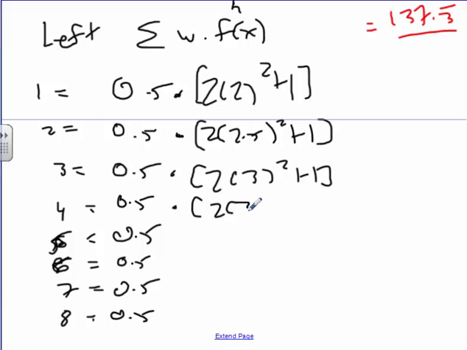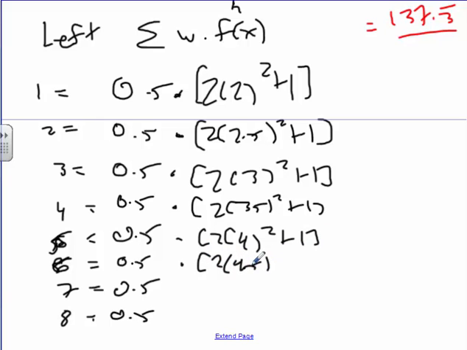So my next x value will be 3.5. Then the next one after that will be 4. The next one after that will be 4.5. The next one after that will be 5. And then the 8th one will have a height of 5.5.